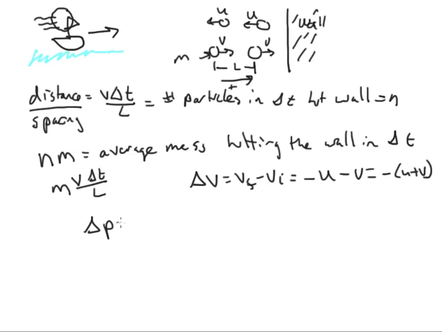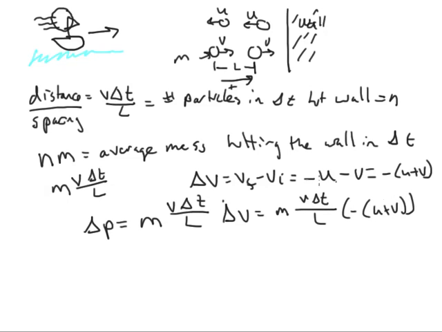Our delta p equals m v delta t over L, and now we multiply this by delta v, which gives us m v delta t all over L times negative u plus v. So our delta p is equal to minus m v delta t over L times u plus v.